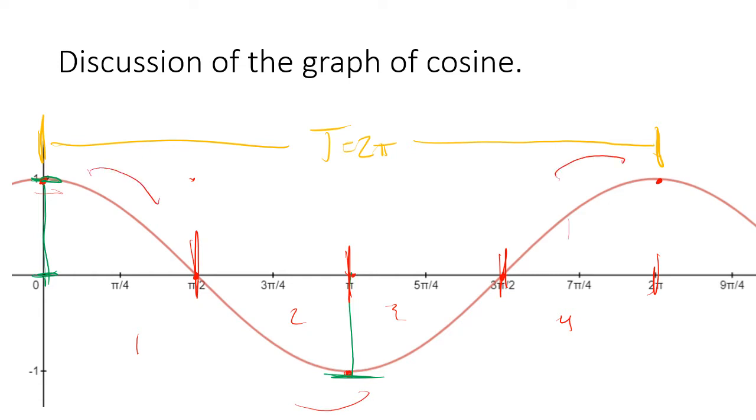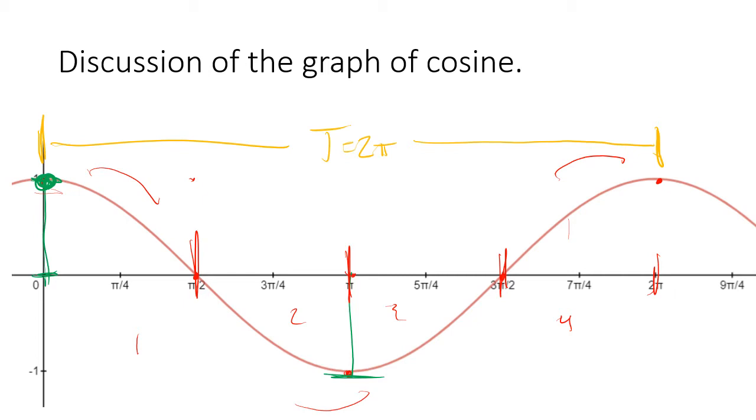And so if we just keep that in mind and we think about that this was our first point right here, and we're going to use our phase shift and our vertical shift to adjust that point, then all we have to do is apply the amplitude and the period, so the horizontal compression. We have to see how the angular velocity, or the omega, affects the graph.